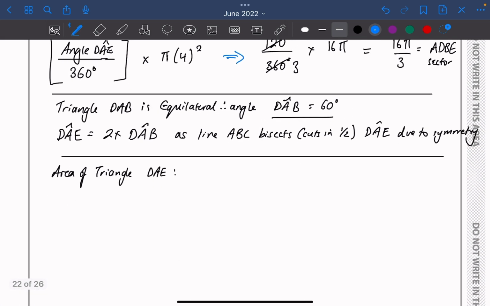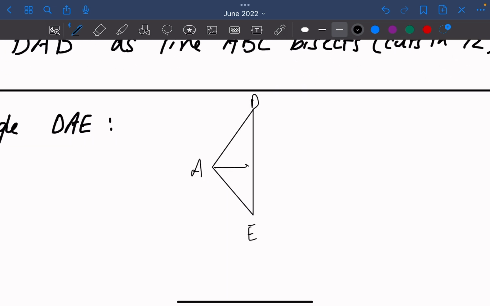Okay, so I'll just draw out the triangle to make it a bit clearer for us. That's A, that's B, that's E. That here is 2.